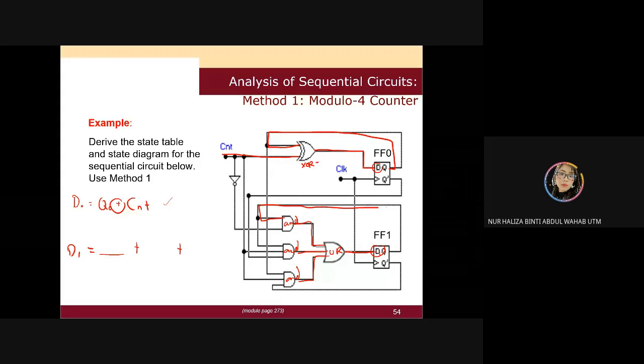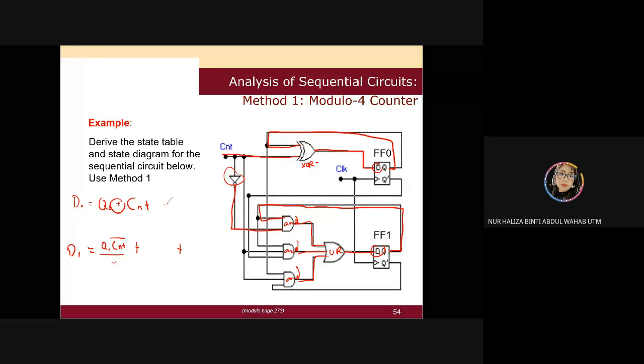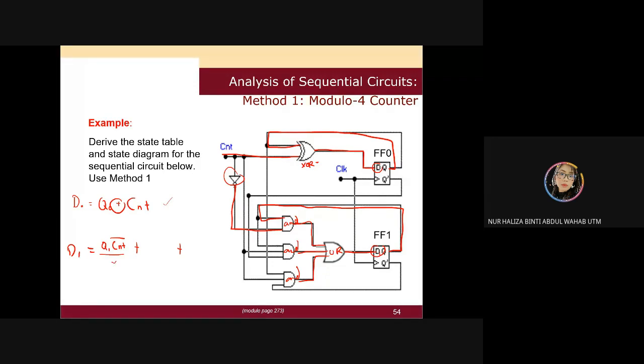Okay, in terms of the connection, it's going to be my Q1, and another one will be my CNT bar. Okay, I finished this. Next, I'm going to have another AND here. I have the input, similar Q1, and then I have CNT. And lastly is my Q0 bar. Okay, it is not following the sequence, but it's okay.